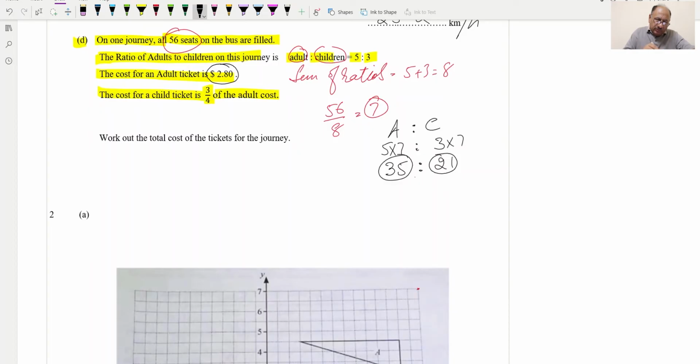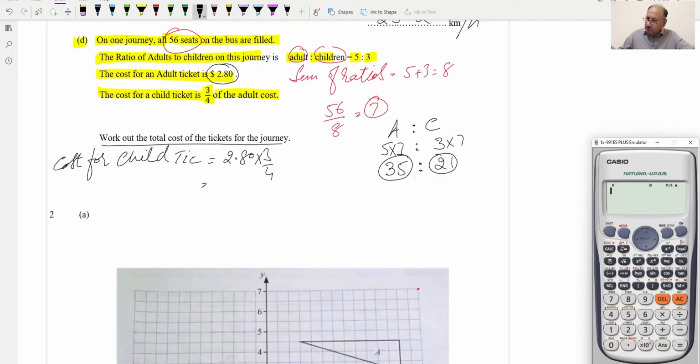So we will write the cost for children. We have to calculate this. Work out the total cost of the tickets for the journey. So the cost for a child ticket will be what? The cost for a child ticket will be equal to 3 by 4 of 2.80, which is equal to what?